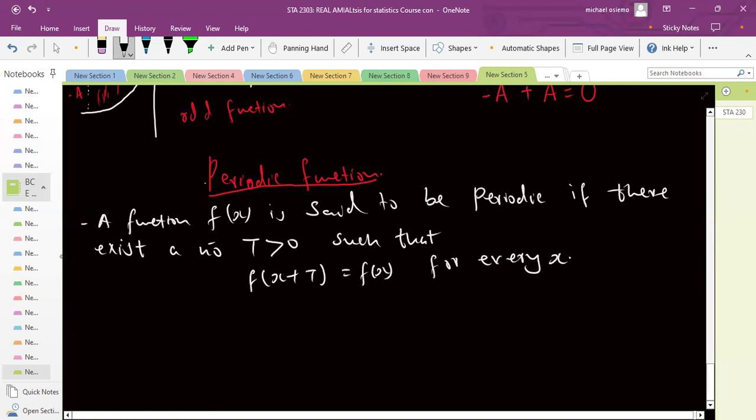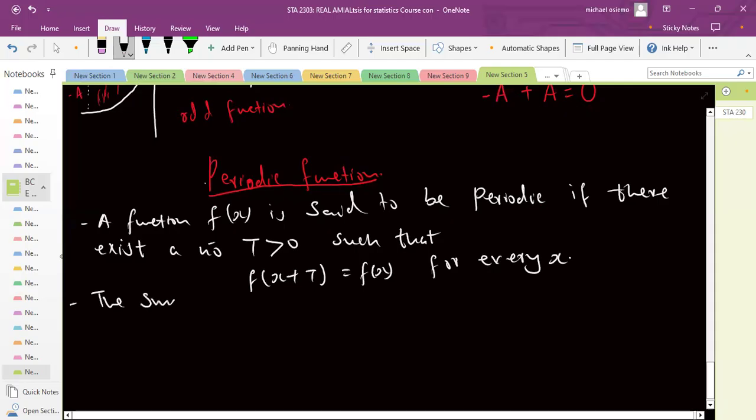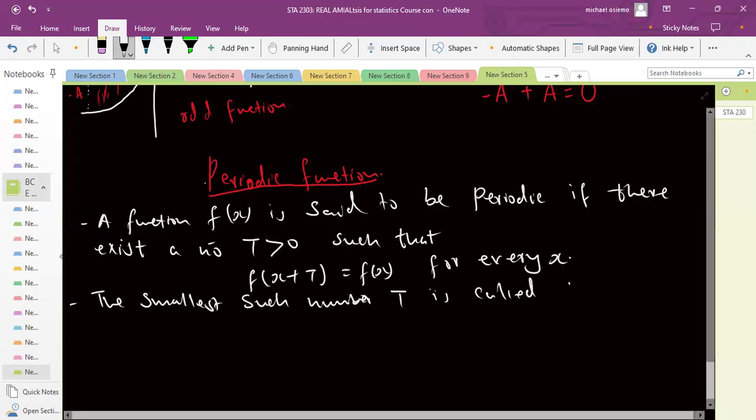So the smallest such number t is called the period of f of x.